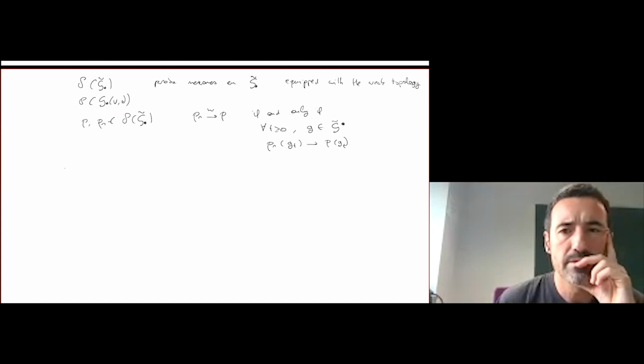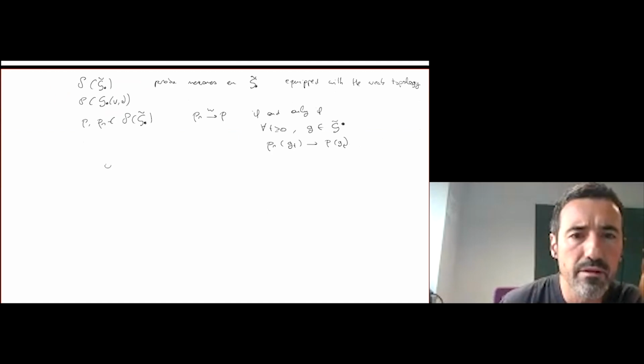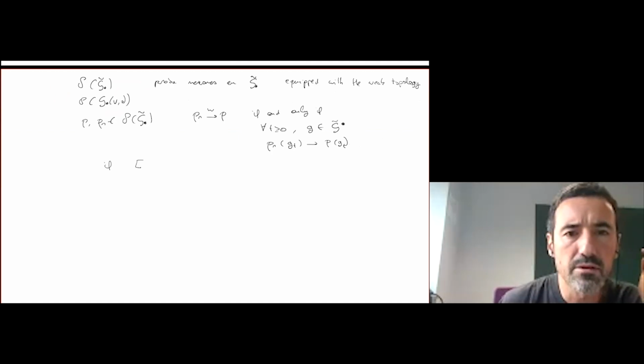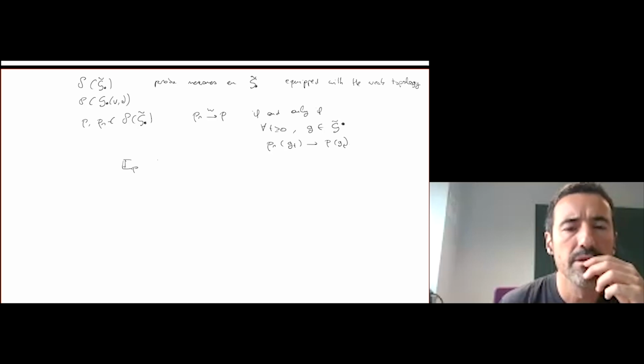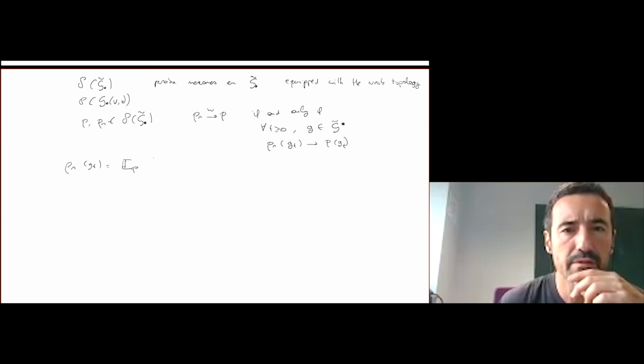Maybe I will introduce a notation. I will denote by expectation of rho, so I will denote rho n of gt as the expectation of the indicator that g0 of t is equal to gt.